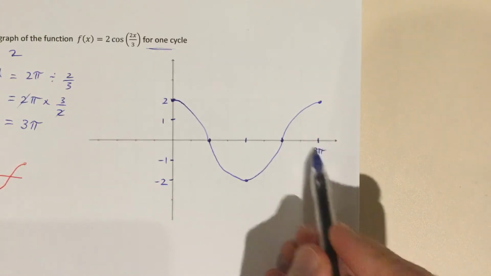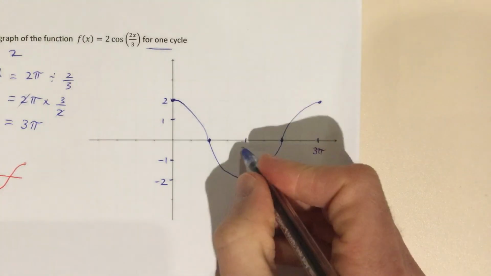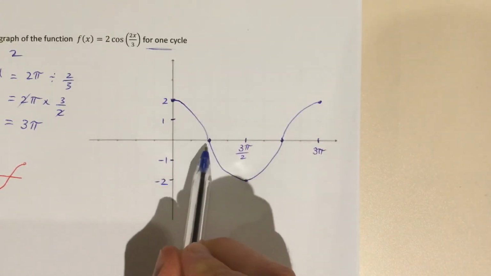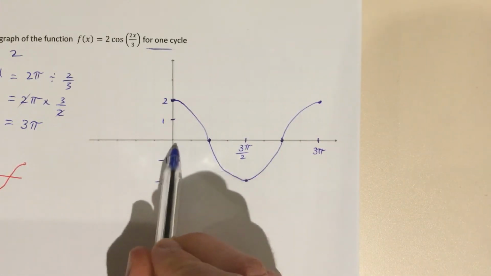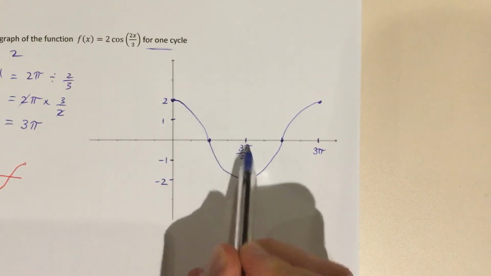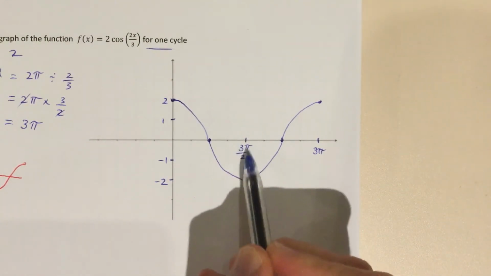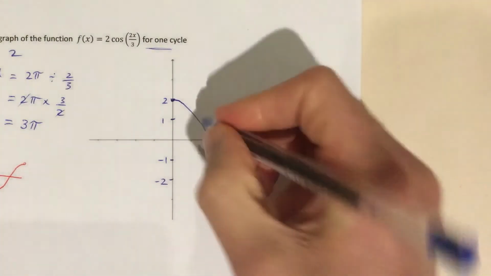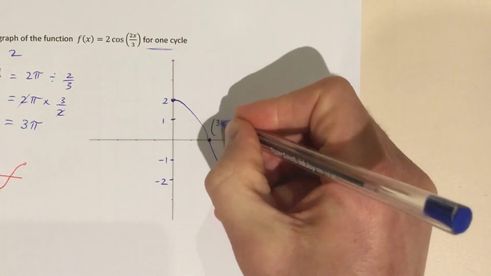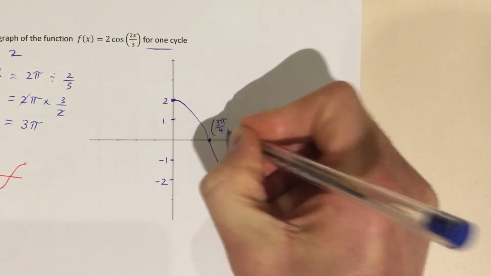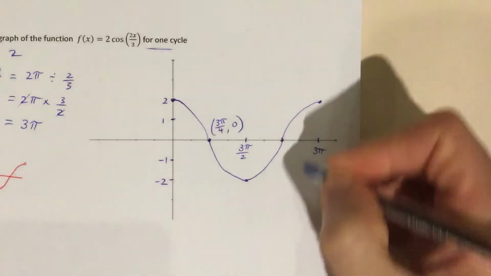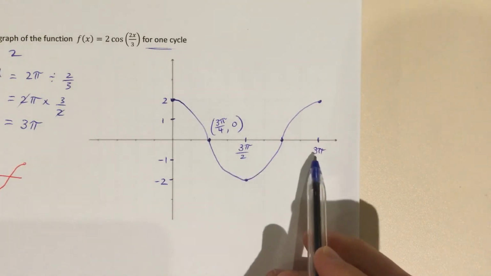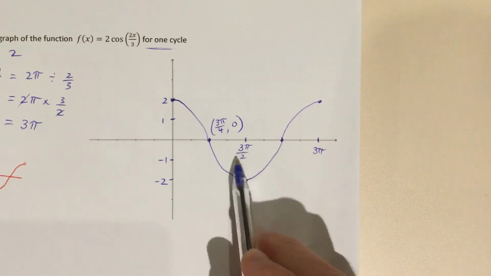Okay, so we've got 3 pi there, and just for reference, we might want to mark this value in as 3 pi on 2. For this first x-intercept, well, that's going to be halfway between 0 and 3 pi on 2. A couple of ways to think of that, but half of 3 pi on 2, if you times that number by a half, you just get 3 pi on 4. And because that's an x-intercept, I'm going to label it properly with coordinates. And then this value here is halfway between 3 pi on 2 and 3 pi.